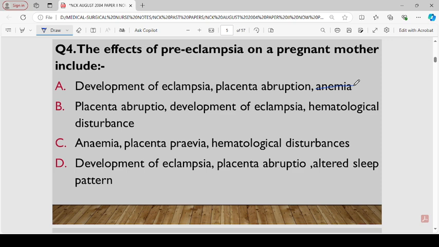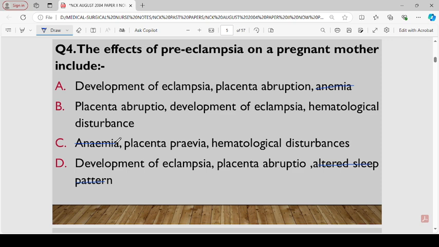So anemia makes this option the wrong one. Equally, D, development of eclampsia, that's correct. Placenta abruptio, that's okay. But altered sleep pattern may not be a direct effect of preeclampsia. So we have already disagreed with the option of anemia.